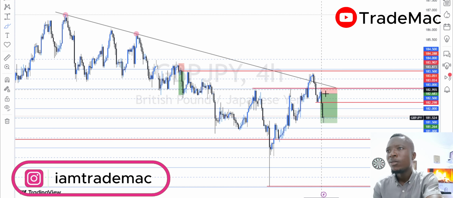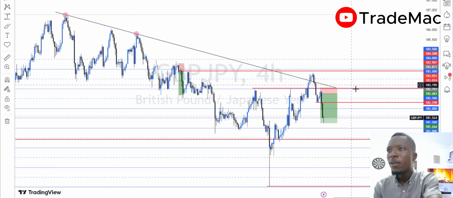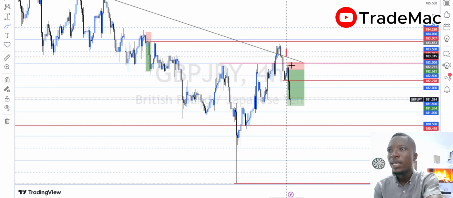I became so happy, and I was patiently paying attention to what the next candles would do. Fortunately for me, I had this very bullish move happening right here, which came back to the structure and closed below the trend line.